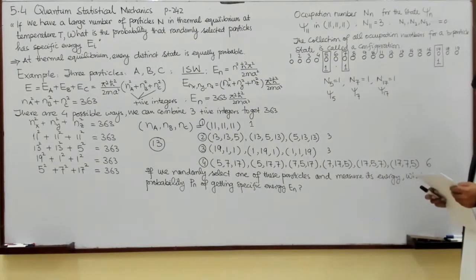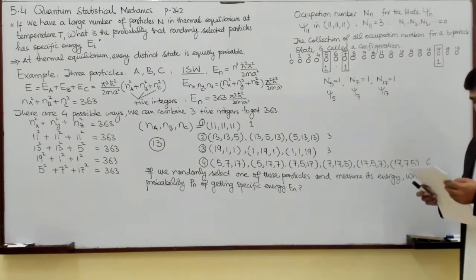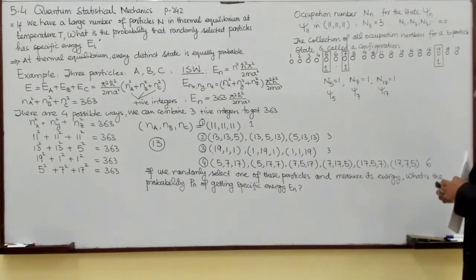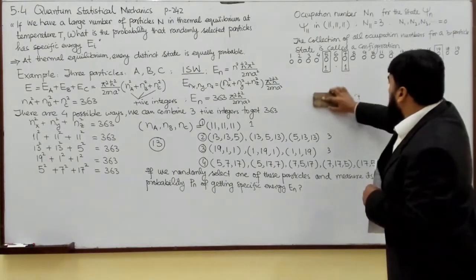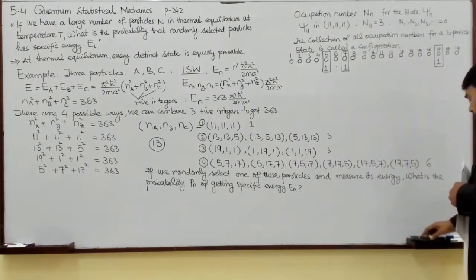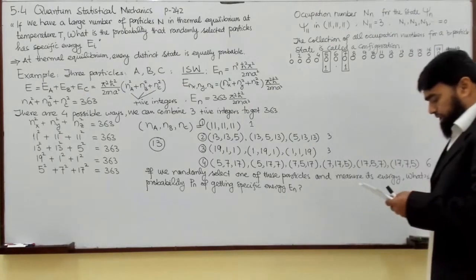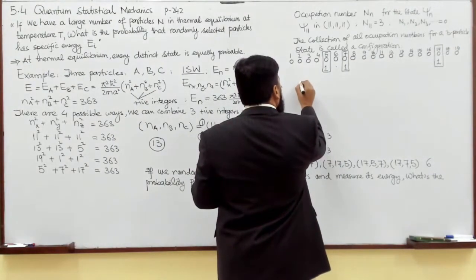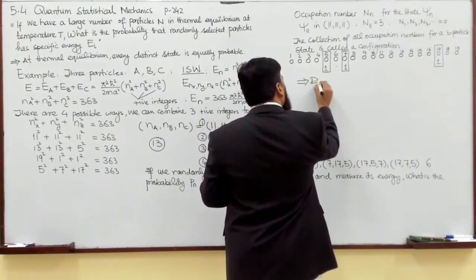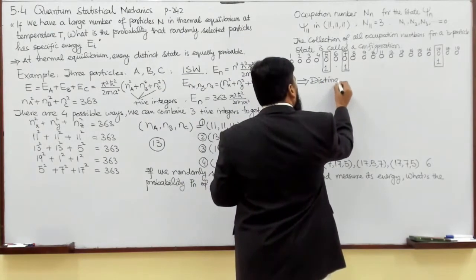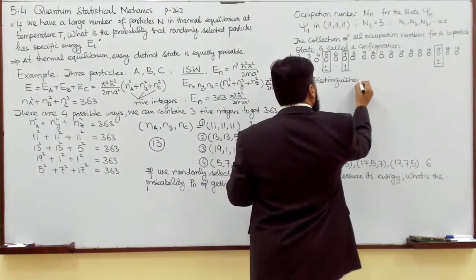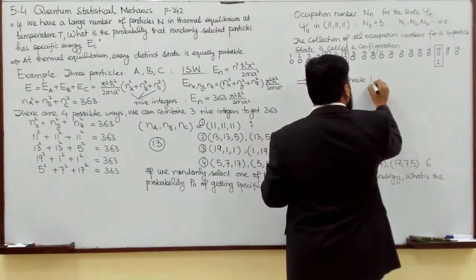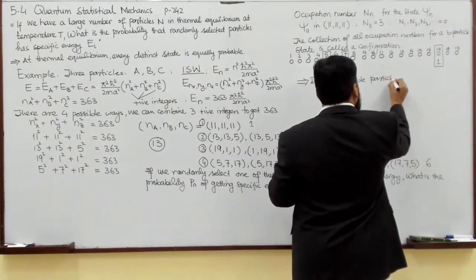So let's start with the first one, with the distinguishable particles. This is the case of distinguishable particles, and as it is simple, we will first treat the particles as distinguishable particles.